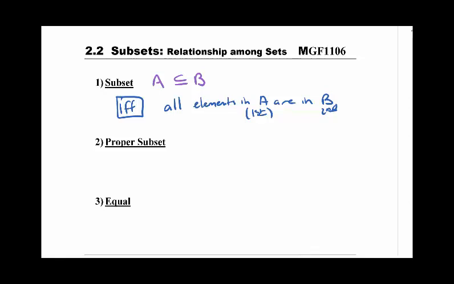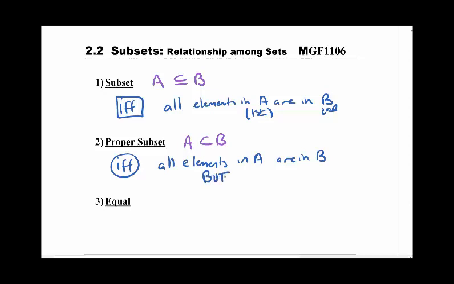Going to our second one, which is a proper subset, I want you to think of it as a less than symbol. Definition here, if and only if all elements in A are in B, but A cannot equal B. So it's got to be a less than.